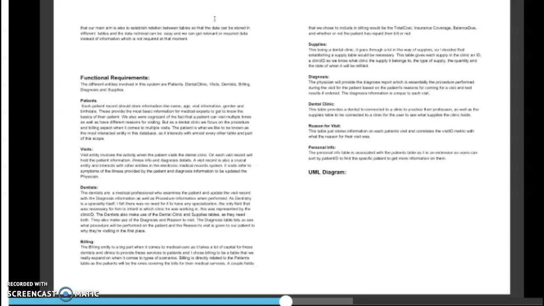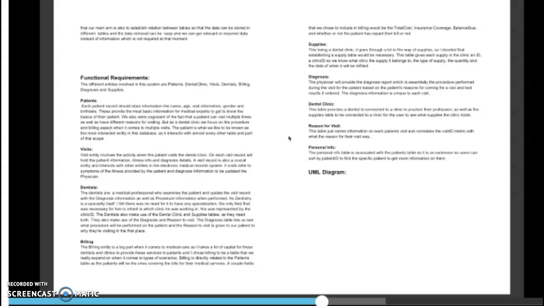Billing was another table that I chose to implement, which is very direct and streamlined. The billing would be directly related to patients. Another table I added was supplies, which was directly tied to the dental clinic to keep track of supplies like gloves, masks, toothpaste, and chemicals that they use when having procedures, as well as diagnosis.